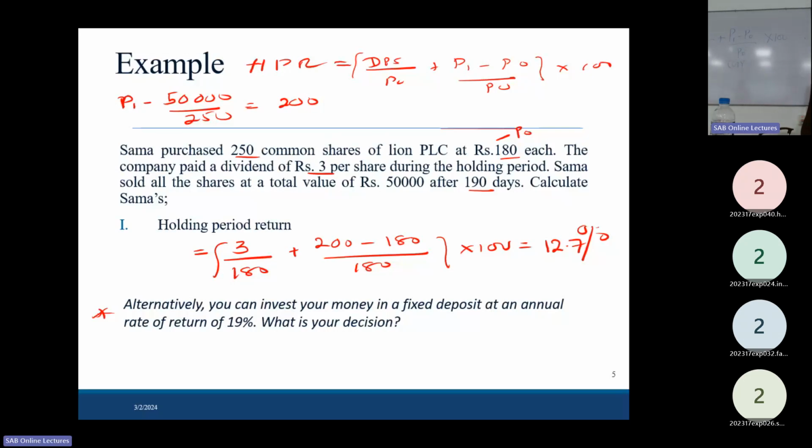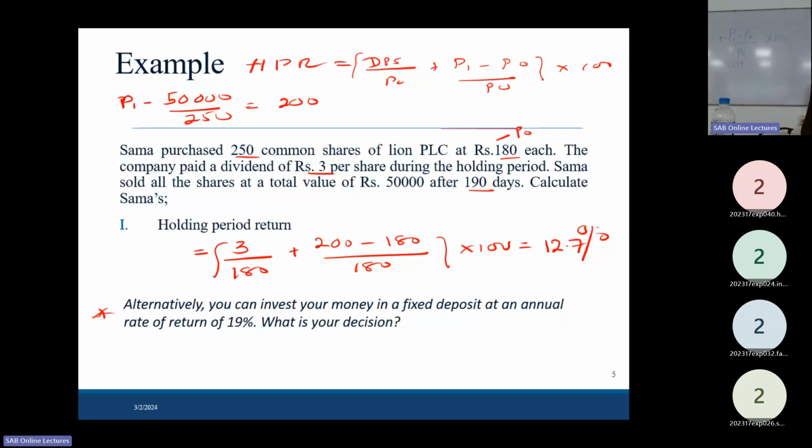So 12% means per annum. Normally, in banks, institutions, and reporting, they always present the rate of return per annum, not per month, not per quarter, not per day. So return is normally exhibited as an annual rate of return.